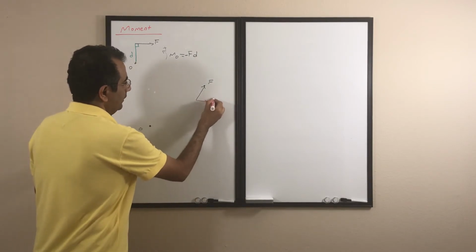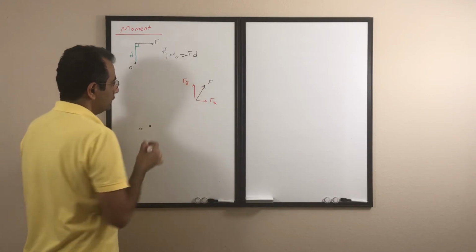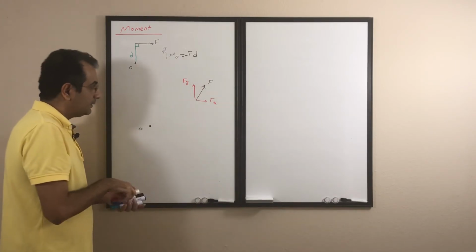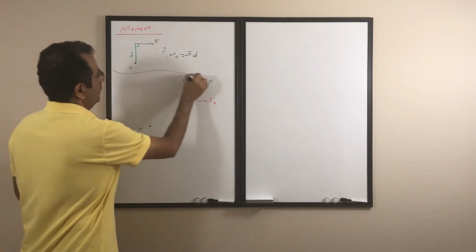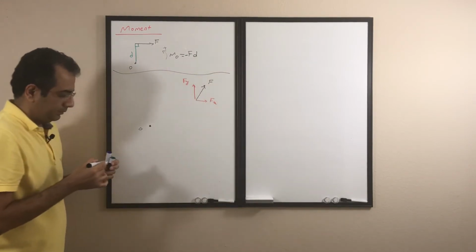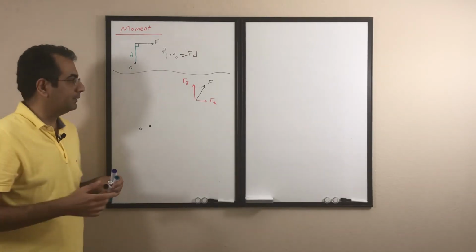So it's going to be Fx and Fy. That's the very first step. In 2D, always find the components in the X and Y direction.